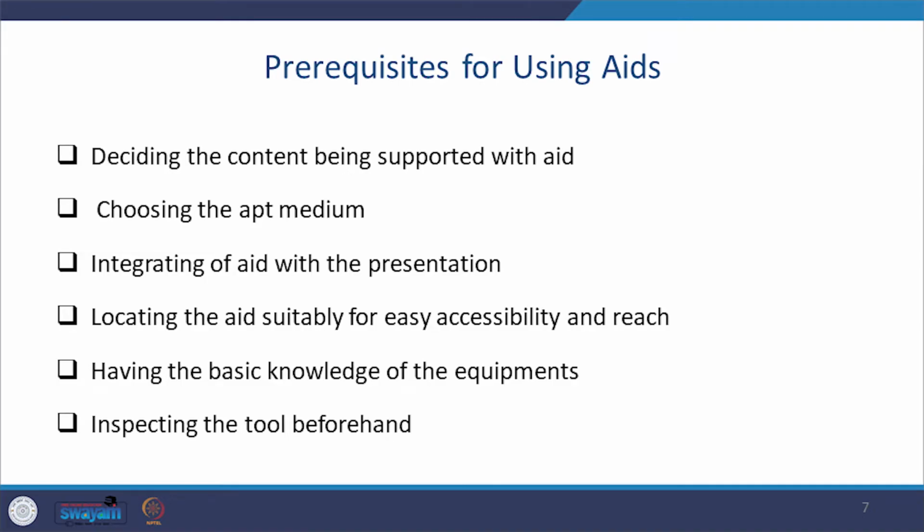So, based on your content, you go for the visual aids and you choose the proper medium, how it will work. If you have created the visual aids yourself, are you also able to integrate the aid with the presentation? Because at times it so happens that you are speaking, but the aids you have not properly placed.